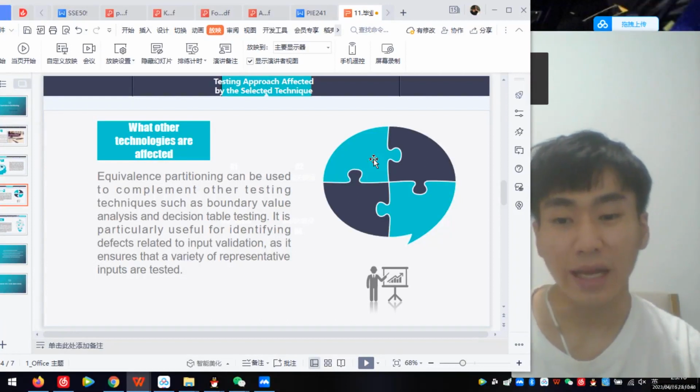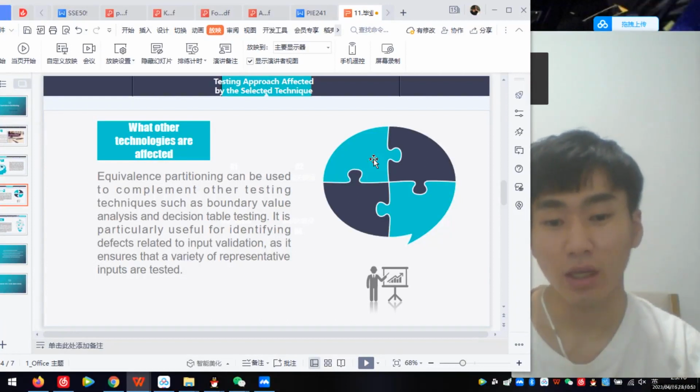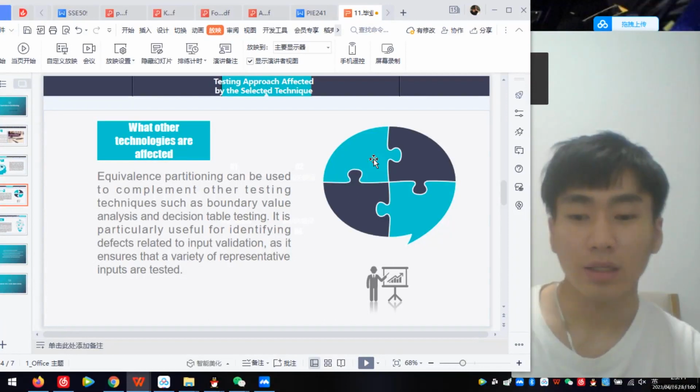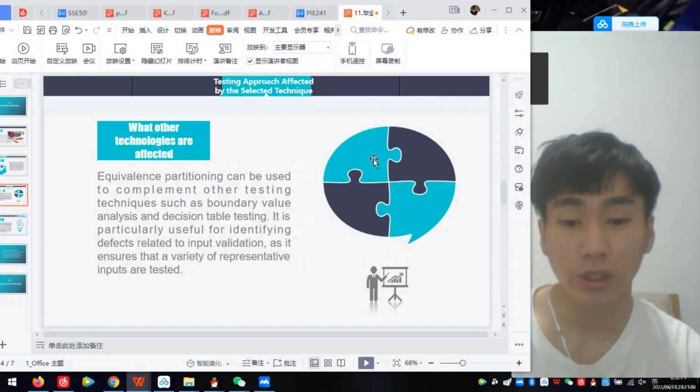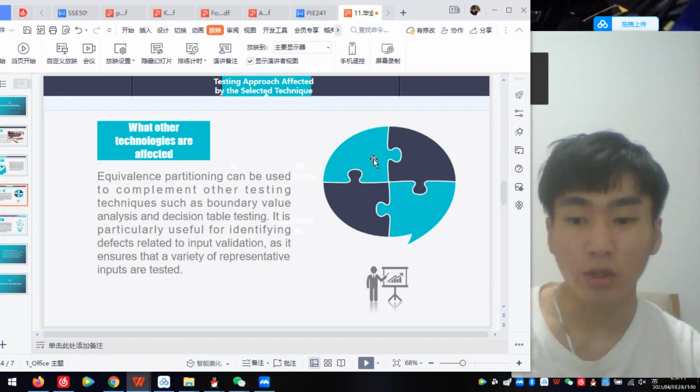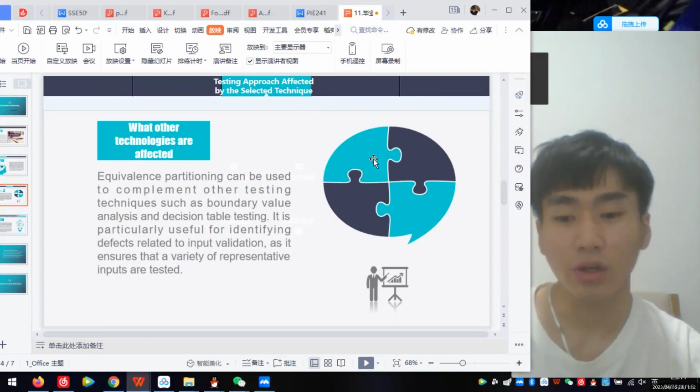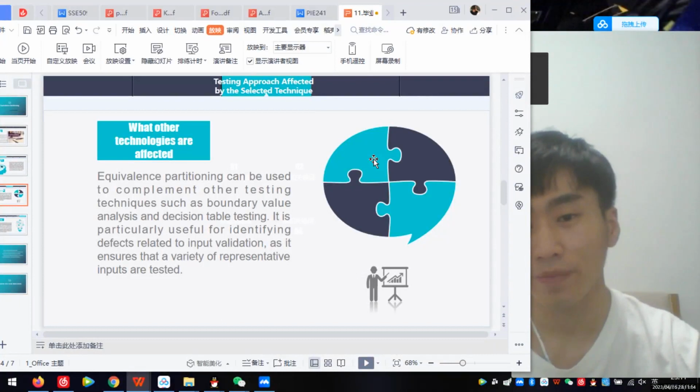So this technique is particularly effective for functional testing, which aims to ensure that the system meets its functional requirements. However, it may not be as effective for testing non-functional requirements, such as performance or security, which may require a more internal approach to testing.